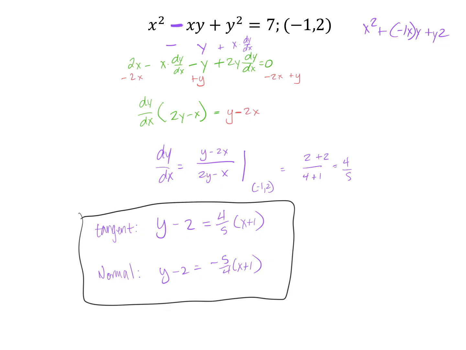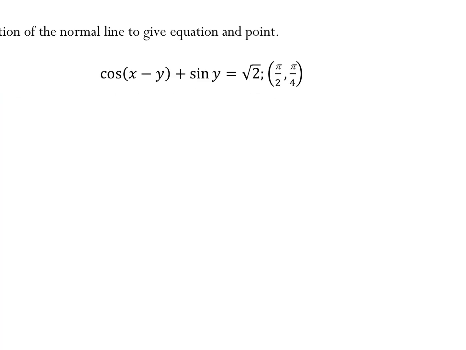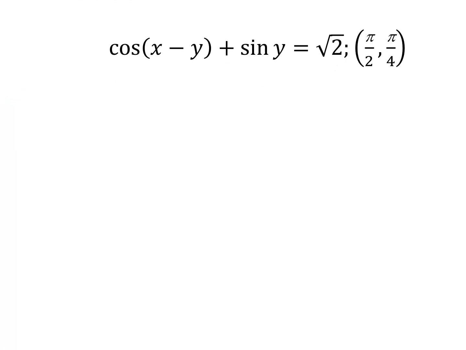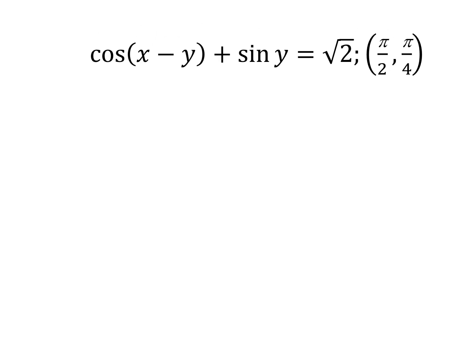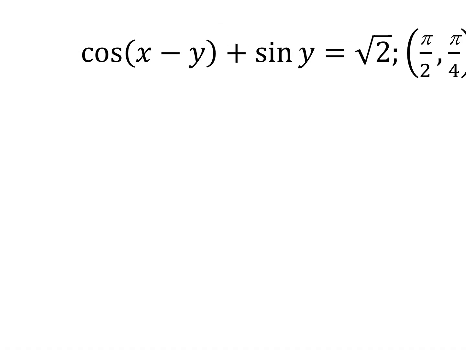How are we feeling on implicit differentiation? Is this feeling familiar enough? Okay. In general, on the last homework, problems with trig caused a few problems, so I want to go through and do this one real quick. What is the derivative of cosine of x minus y?